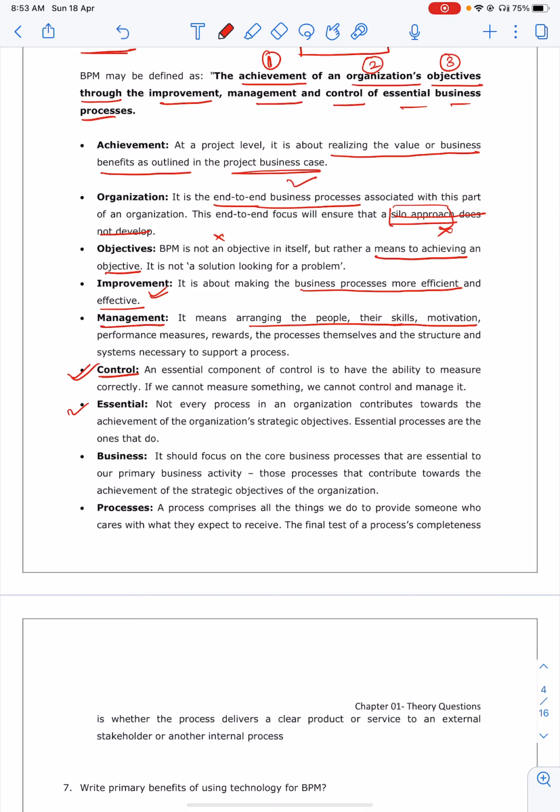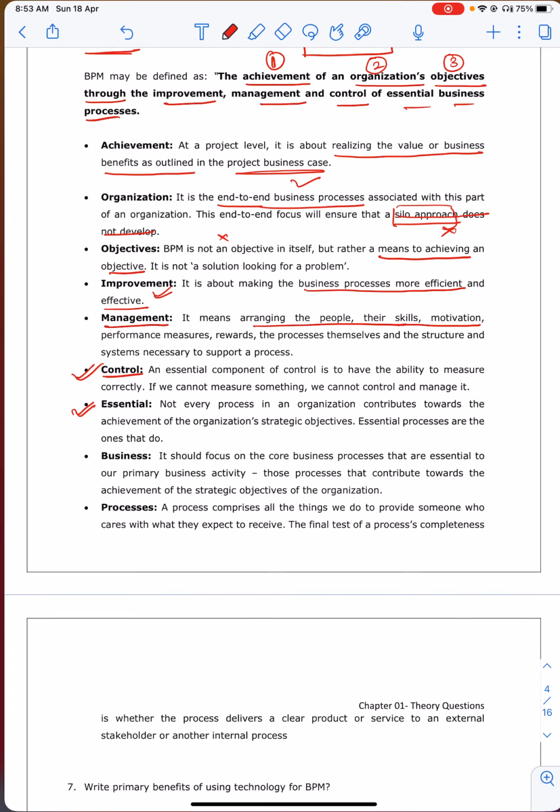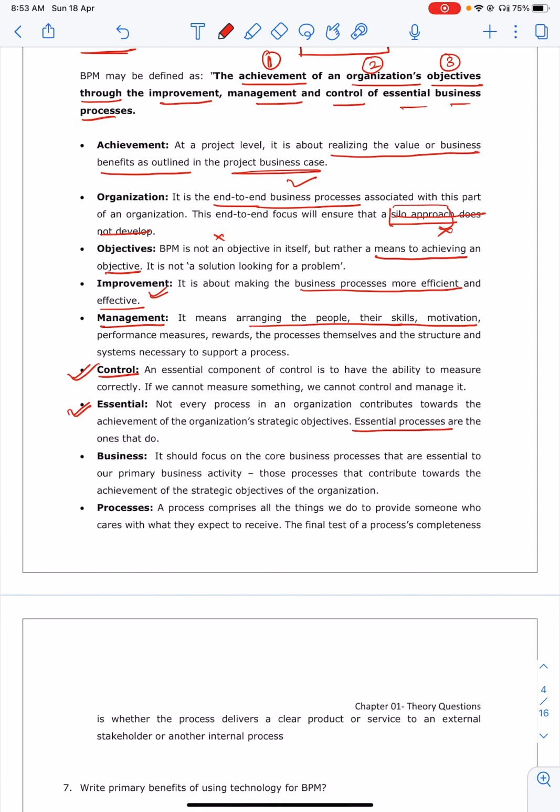Now, next one is essential. We will not concentrate on each and every business process, we only concentrate on essential business processes, which is very important to understand. For example, let us say Tata Motors. Let us assume Tata Motors has 500 business processes. Out of 500, which business process is essential?